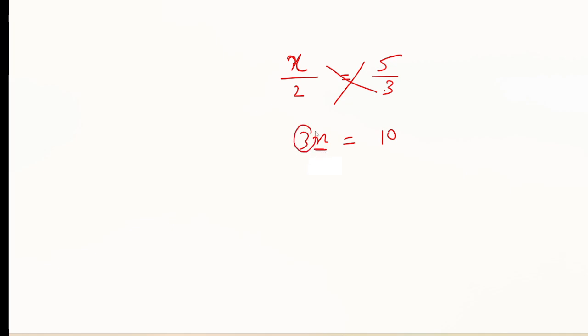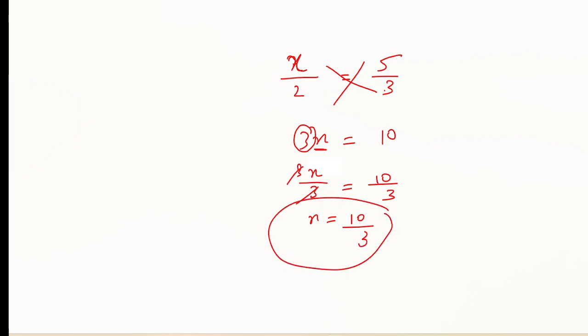Because only 3 is extra there, which is in multiplication. So the opposite of multiplication by 3 is division. So you just divide both sides by 3. This cancels out. x would be 10 over 3. You just need to do cross multiplication in these kinds of questions.